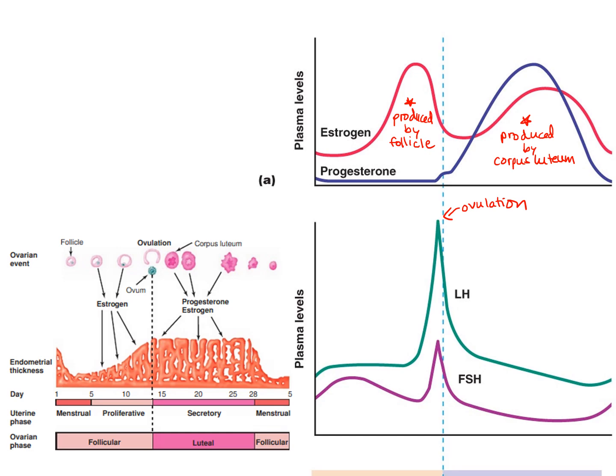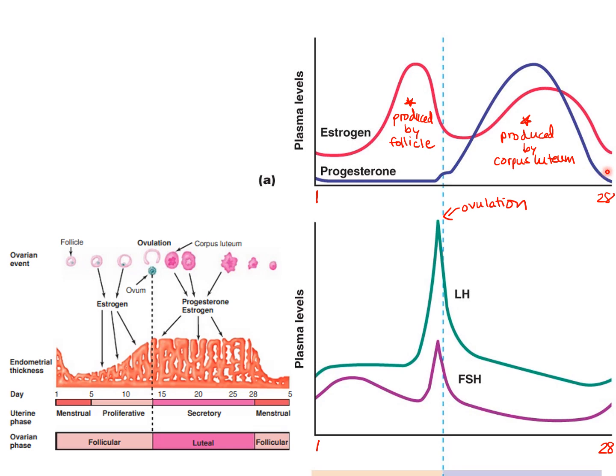Day 1 is actually over here, and this would be 28 over here. Okay, so day 28, the woman did not get pregnant, and our corpus luteum has disintegrated, and the corpus luteum was actually producing the estrogen and progesterone here on this top graph, and they've now decreased.